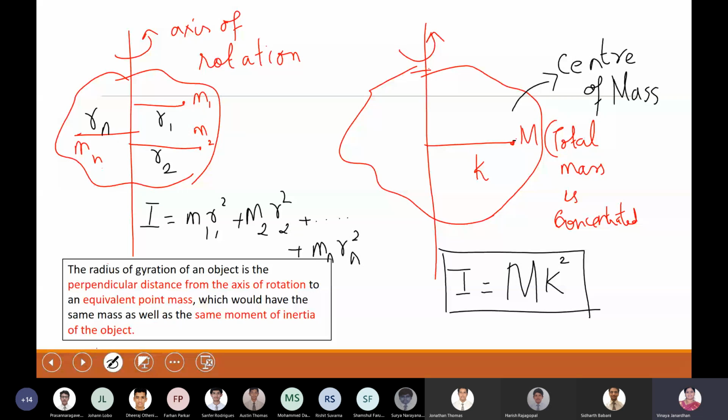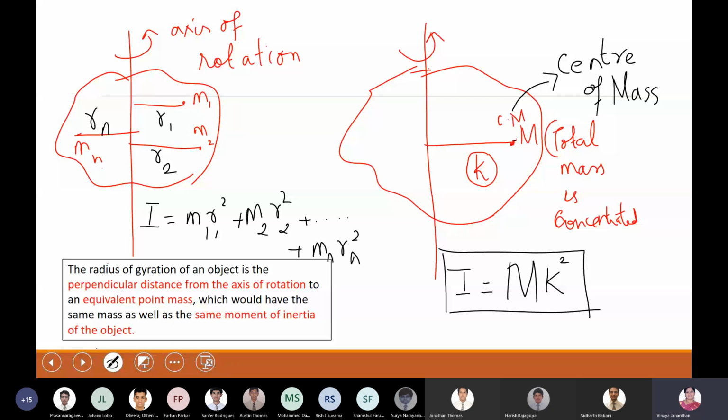Let the center of mass be located for this irregular body, at this point where the entire mass is said to be concentrated. This center of mass is at a distance of k from the axis of rotation. And this value of k, we call it the radius of gyration.